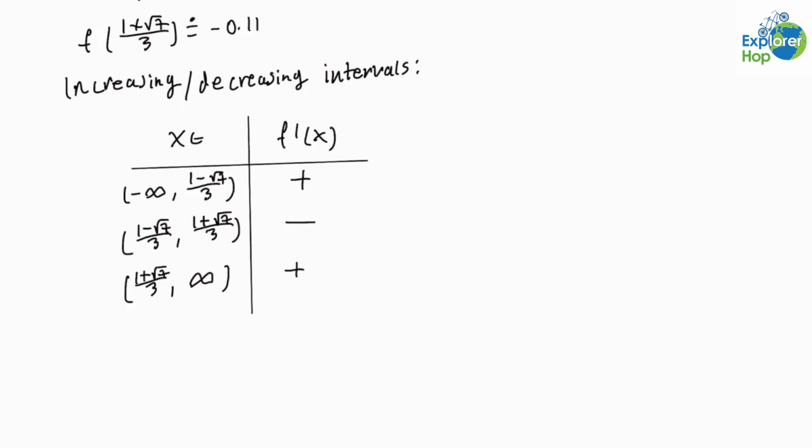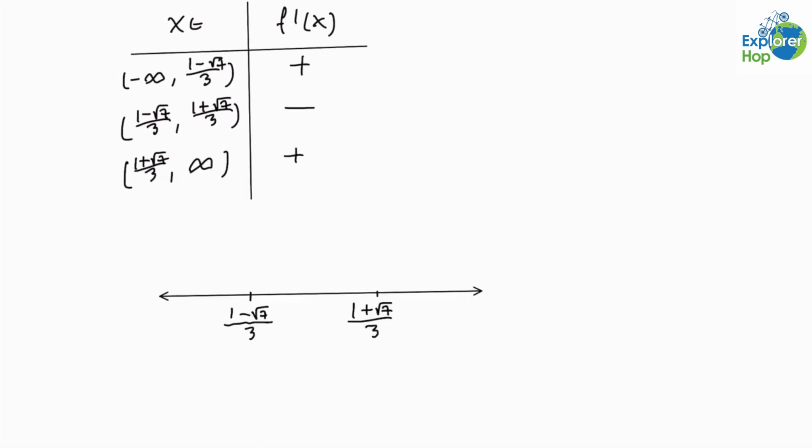And we can also represent this information on a number line. So if we construct a number line, the derivative of f of x is positive in the first interval. So f of x is increasing in this interval.